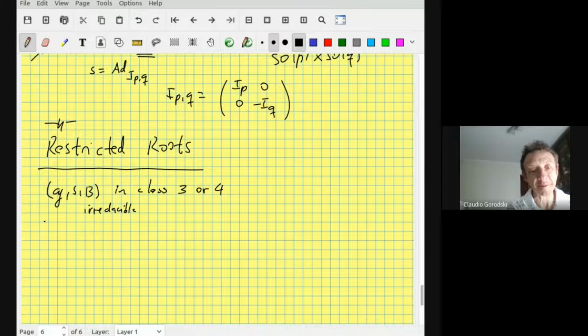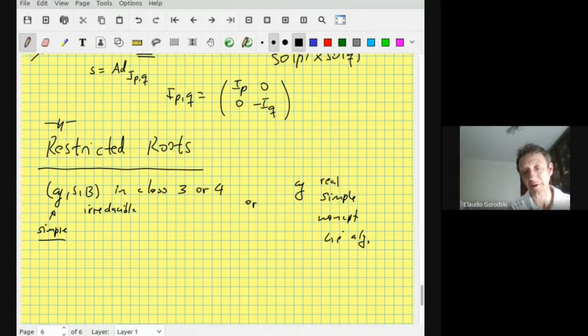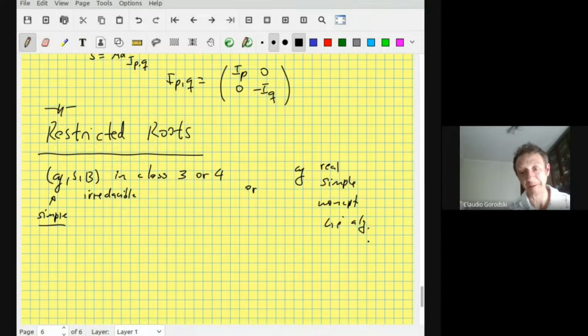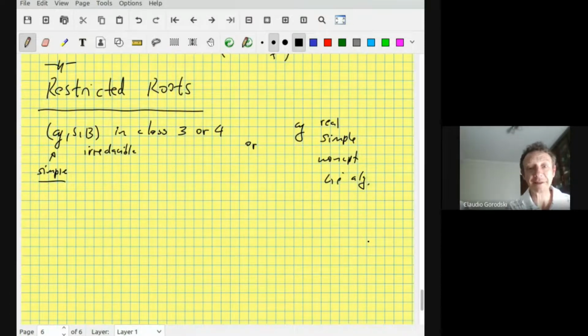Or we can start with G real, simple, non-compact. The algebra is equivalent, right? It's different points of view, but we get essentially the same set of objects. And then there's this idea of restricted root decomposition of G.